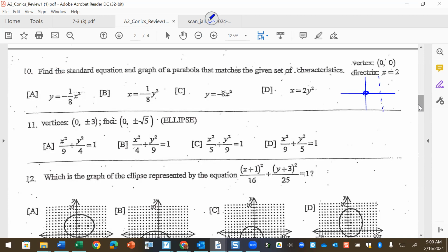Okay, that picture just made it possible for me to get the right answer quite easily. Which way does it have to face now that you're looking at a picture of it? Yeah, it's got to go this way. If you don't have the picture, I could mess that up. I don't know about you. All right, but now I know it's got to have y squared in it, not x squared.